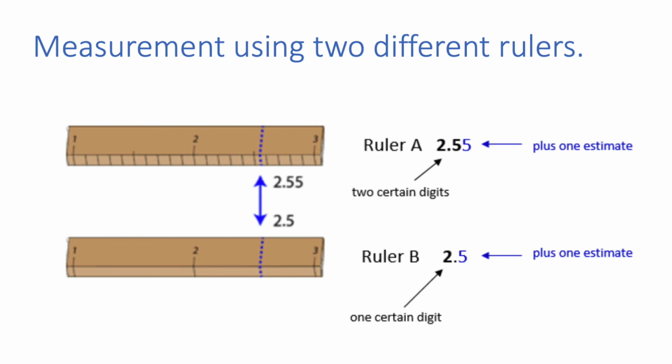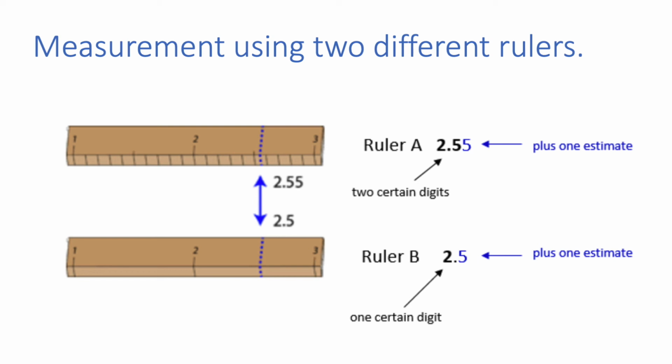Measurement using two different rulers. Here you can see ruler A and ruler B. For the first ruler, ruler A, 2.5, up to 2 is certain, but the last digit is not certain.